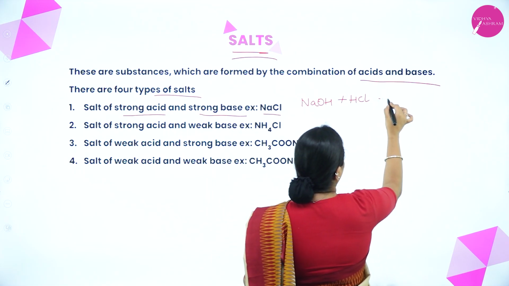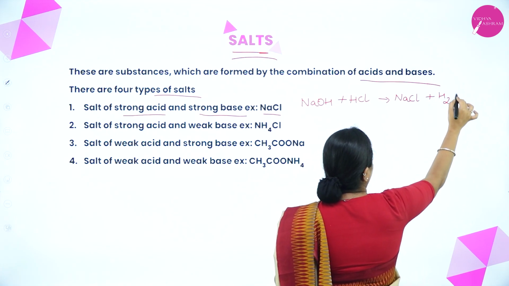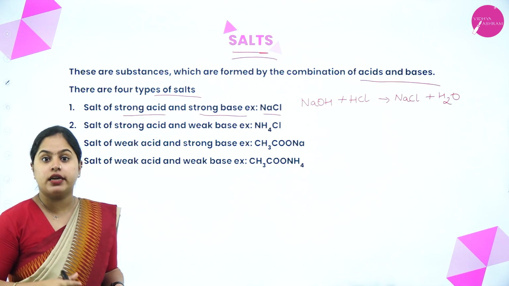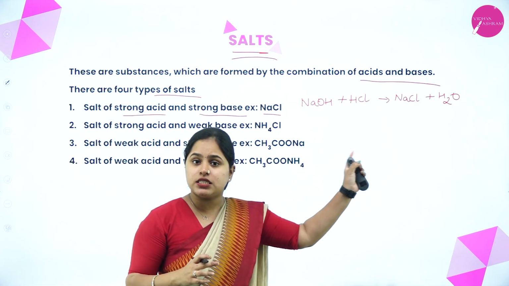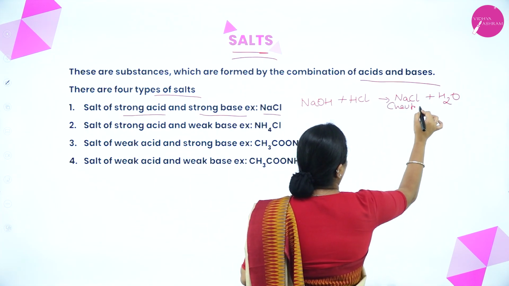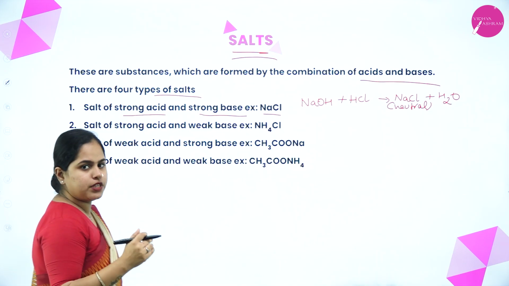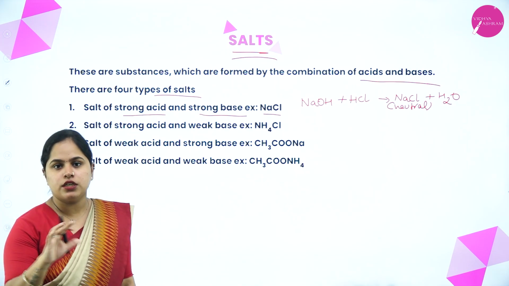The salt formed is sodium chloride and water will also be formed. So, if it is a strong acid and strong base, this salt will be neutral. This is what you have to remember. First type is a salt of a strong acid and strong base, an example you have to remember, and it is a neutral salt.